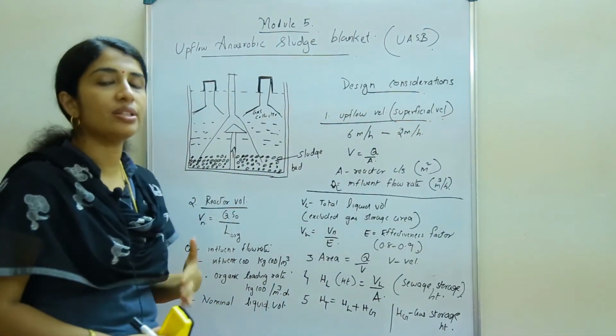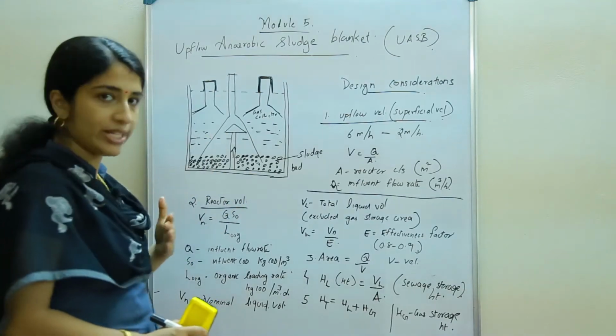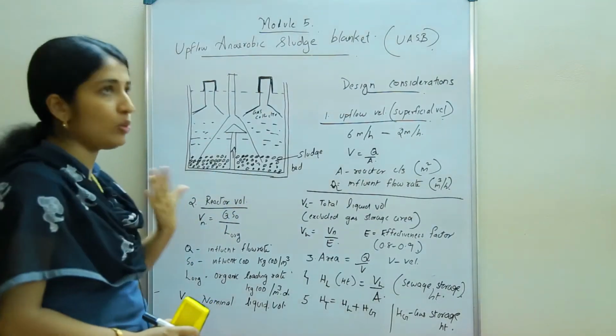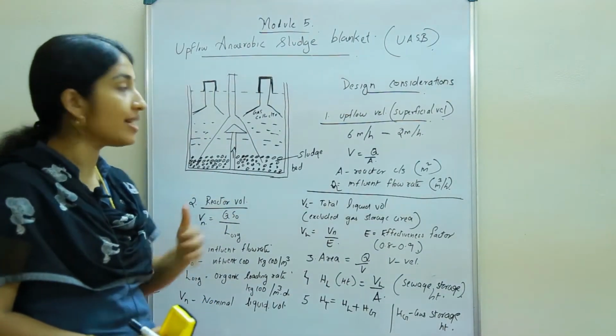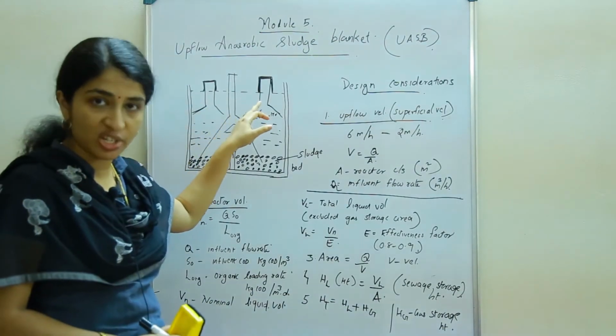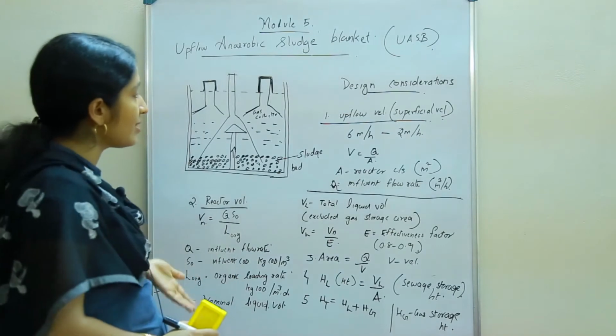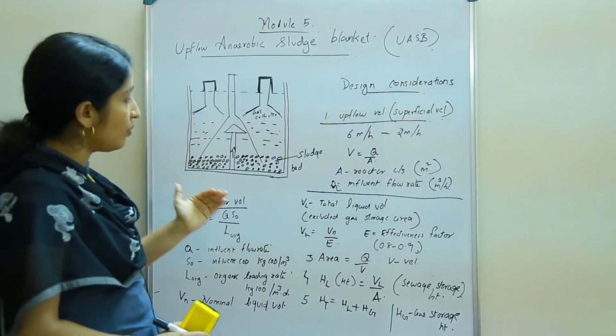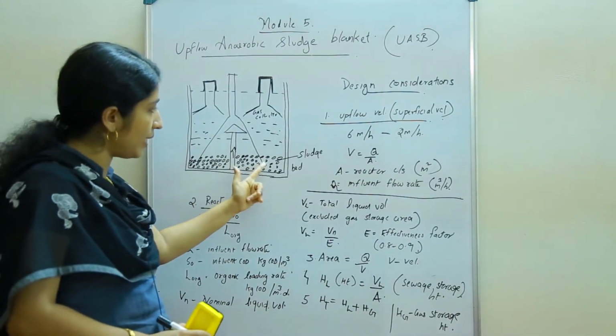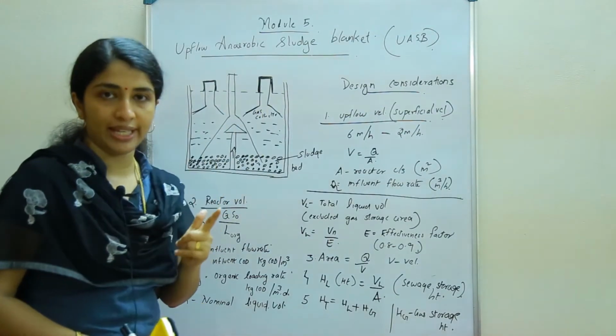The peculiarity of UASB is that there is a three-phase separation system, which separates the solid, liquid and gases.